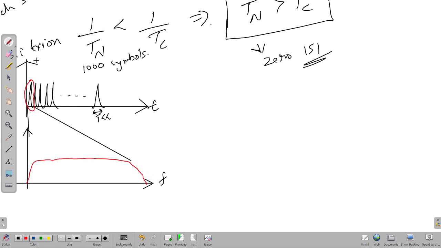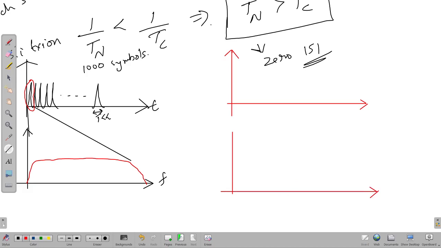Whereas in multi-carrier, multi-carrier is easier to visualize in the frequency domain. Let me draw the frequency domain here. In multi-carrier, this whole bandwidth is divided into small substreams. Let me draw with a different color.